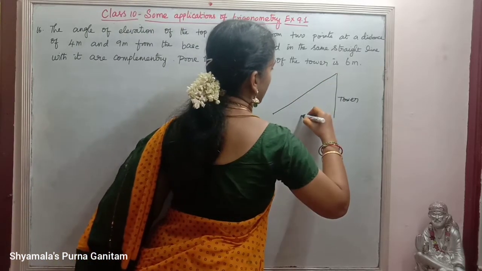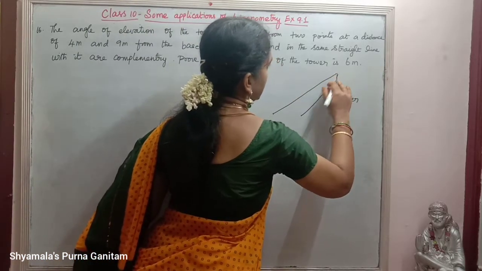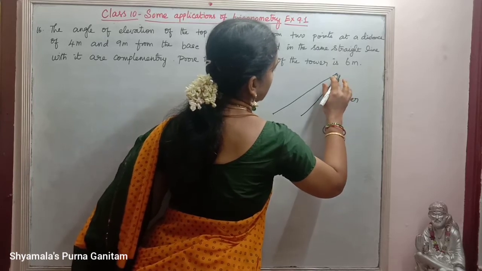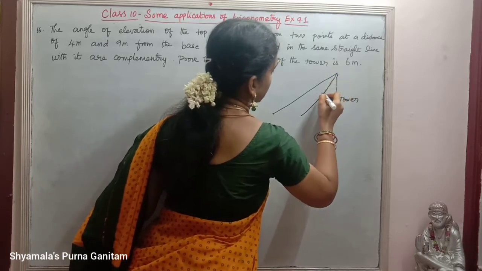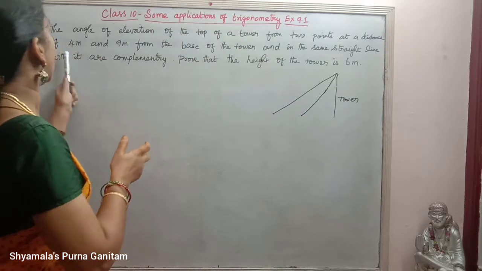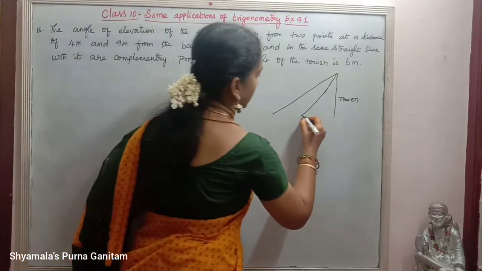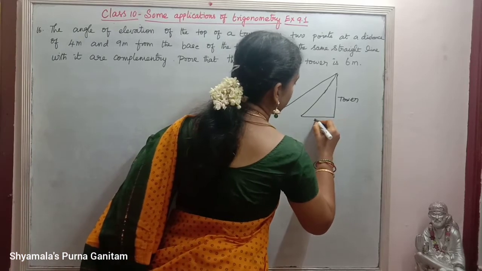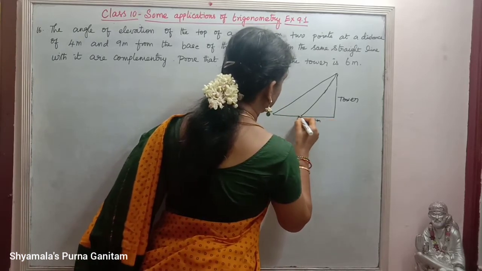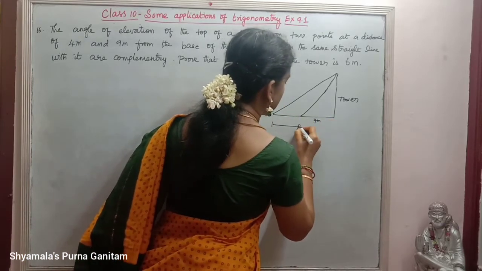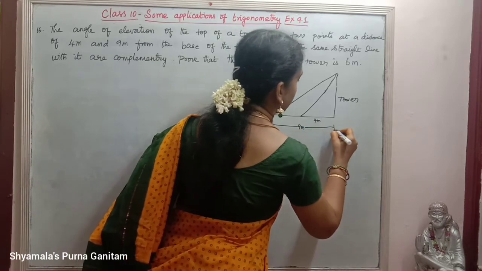So this is one point, this is another point. At a distance of 4 meter and 9 meter from the base of the tower. So this is 4 meter and this one is 9 meter from the base of the tower.